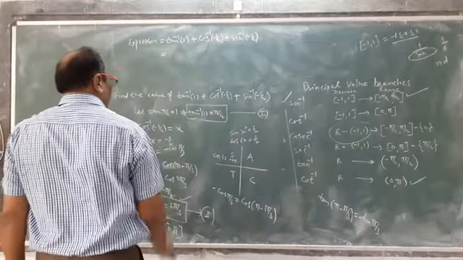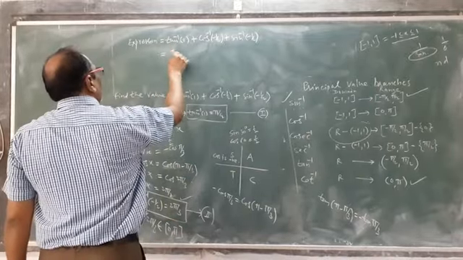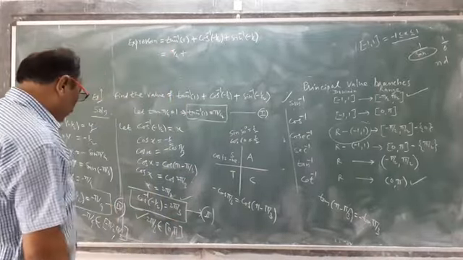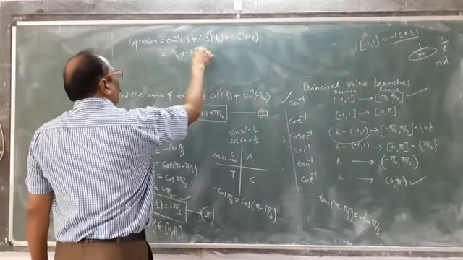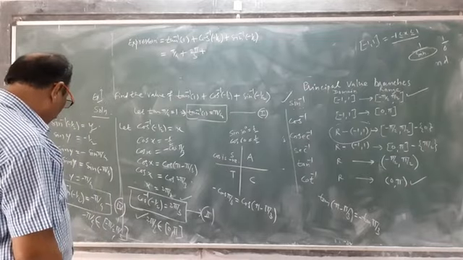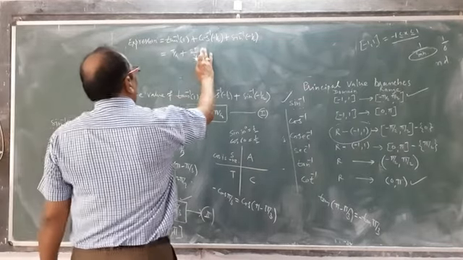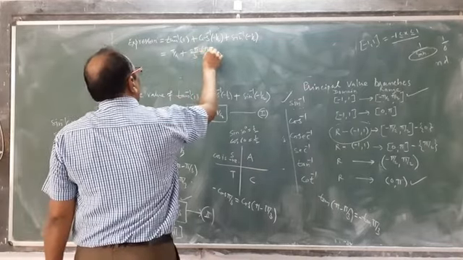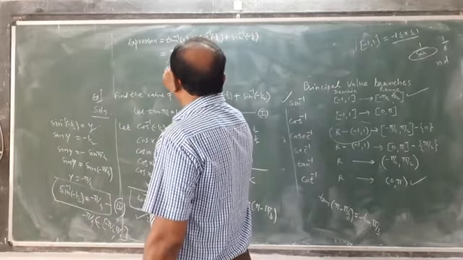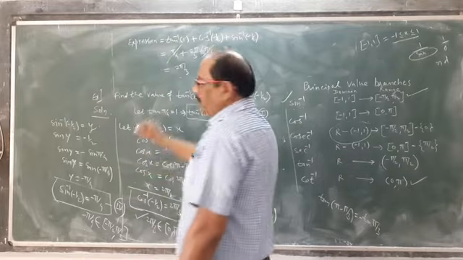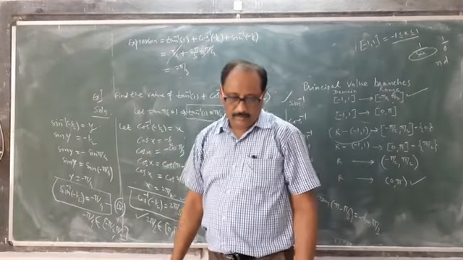That is equal to pi by 4 plus cos inverse of minus 1 by 2, which is 2 pi by 3, plus sin inverse of minus 1 by 2, which is minus pi by 4. Then these cancel out. 2 pi by 3 will be the correct answer.